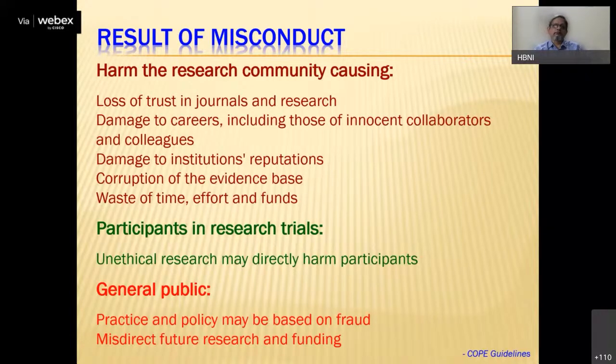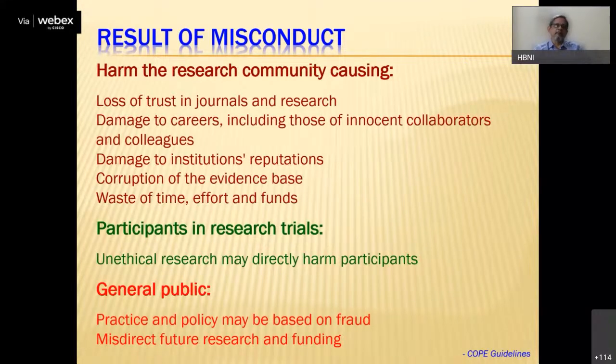Then corruption of the evidence base, because whenever there's a misconduct, one thing which is often done is to destroy the data which is not good or which has been used to fraudulently do some research.